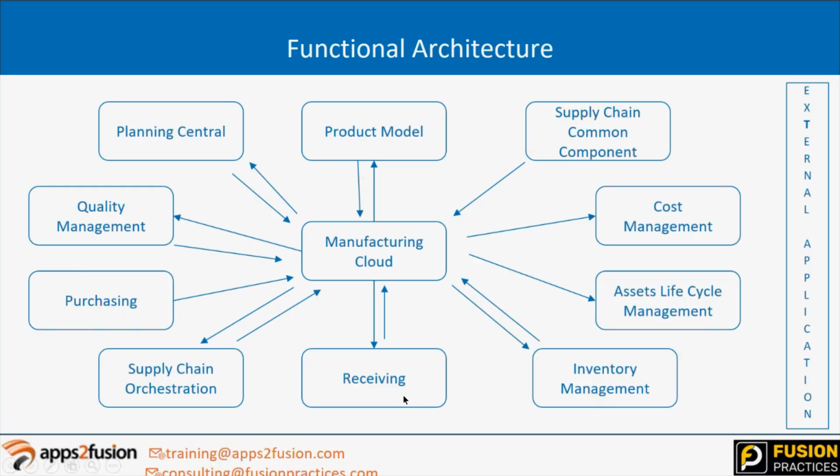The next is our receiving application, where you perform receipts, the put away, the delivery. So whatever is executed by manufacturing, you can receive the product and store it in your inventory or send it out to your customer. So from inventory management, the manufacturing cloud takes in all your lot numbers, serial numbers, on-hand quantity, if there are any reservations that you're creating, and all material transactions.